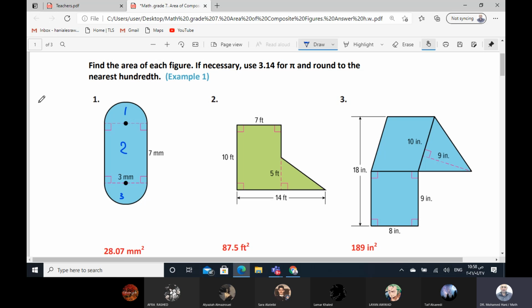So A1, the formula of the semicircle will be 1 over 2 by r squared.